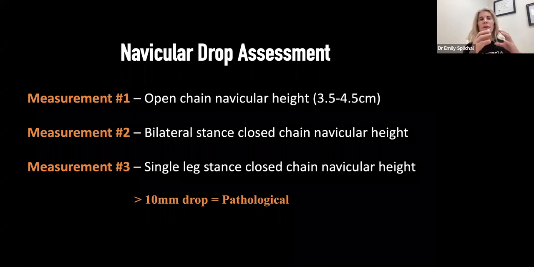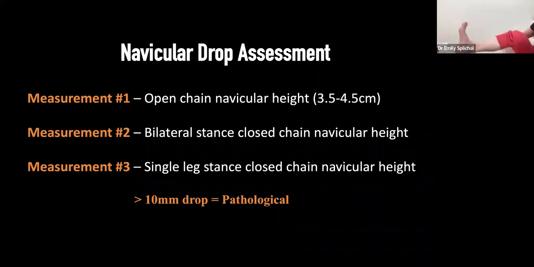But the navicular drop, the first measurement that you're doing is going to be open chain. So if you were to look at your client's arch, right? I'm looking at the foot open chain, I'm looking at it here, okay? And I am going to mimic the ground. So I need something, right? Just for the sake of this, let's say we have a book.